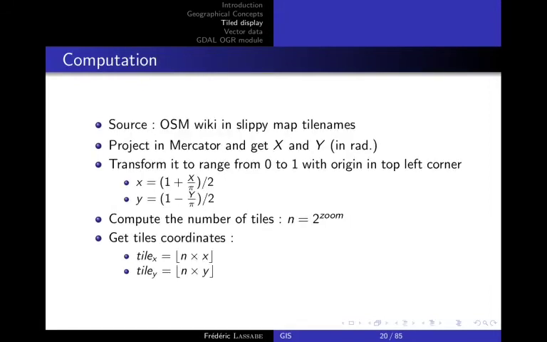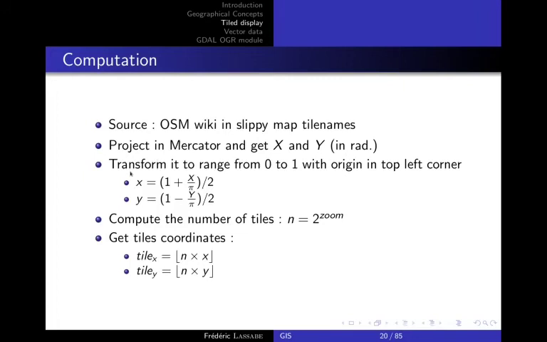So how do we compute that? You can find the full explanation on the OpenStreetMap wiki in the Slippy Map tile names section. So first you project into Mercator projection and get your x and y in radians.